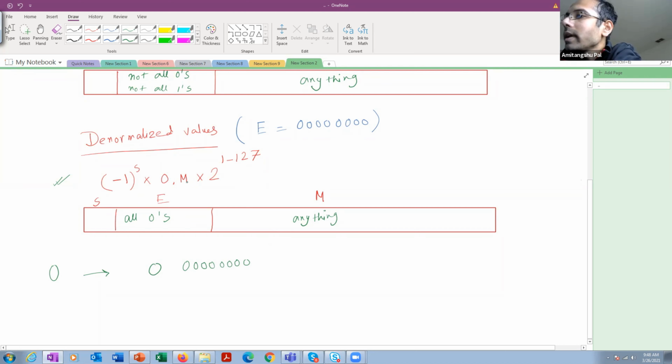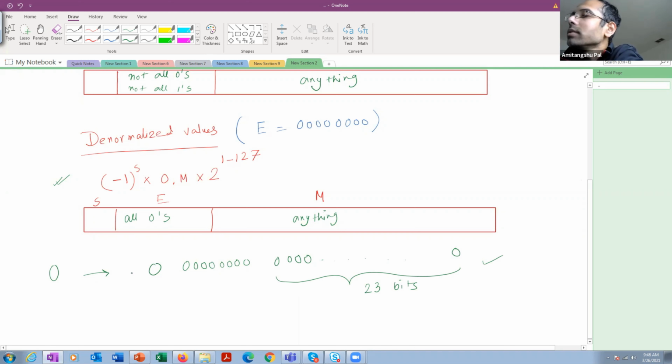That means there will be 23 zeros in the mantissa field. So it seems that using this formula, this bit pattern represents 0.